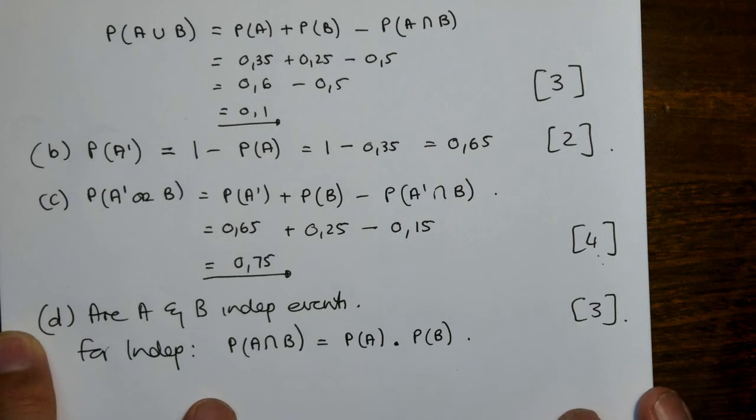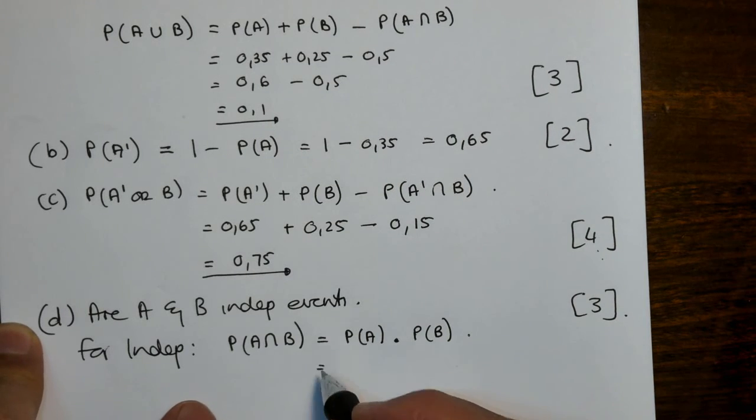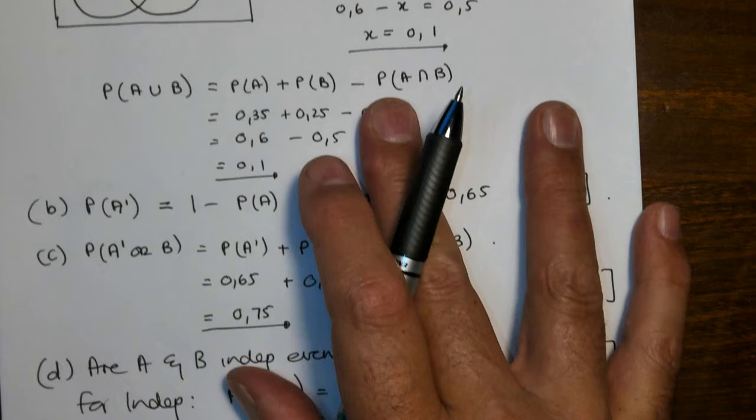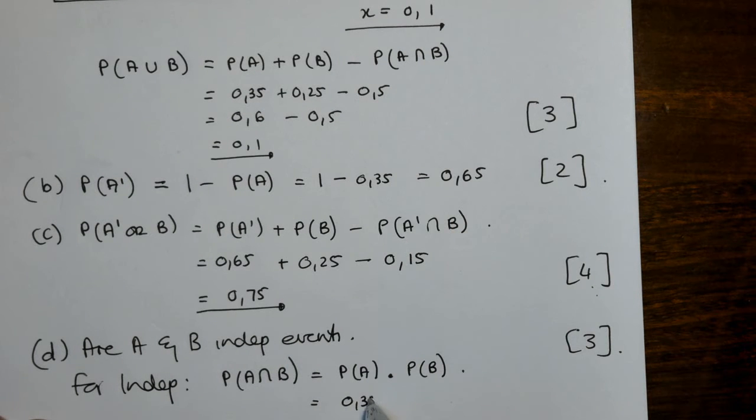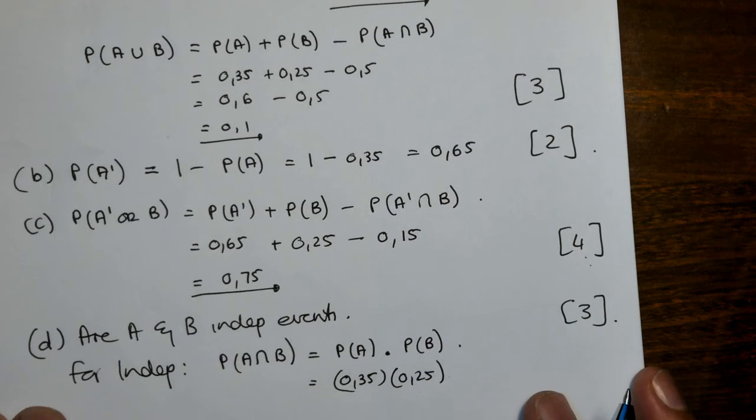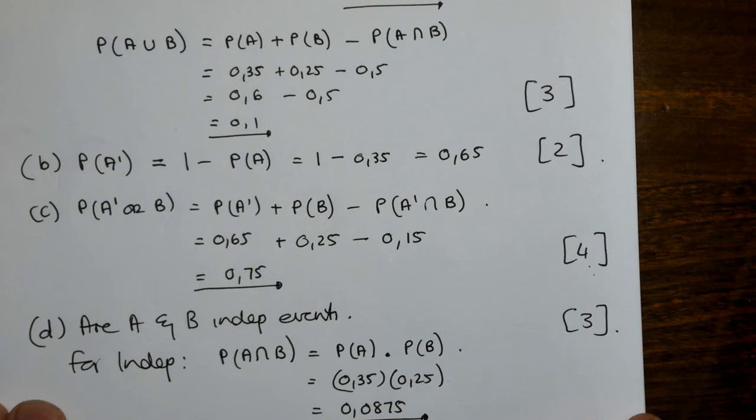Okay, now remember we already have information here that we can use. So this gives me 0.35 as the probability of A. I multiply it with 0.25 and I get a result of 0.0875. I want that to be the same as the probability of A intersect B. The two things have to be the same, then the events are independent.